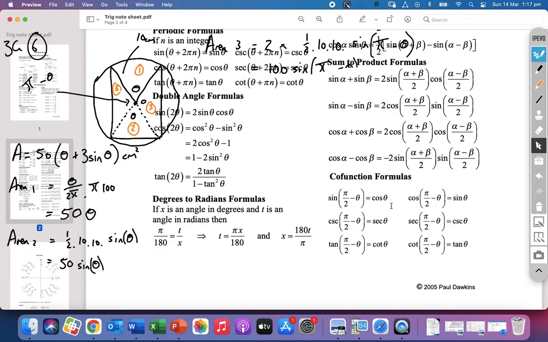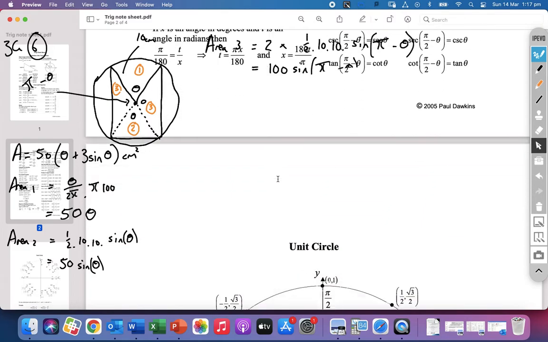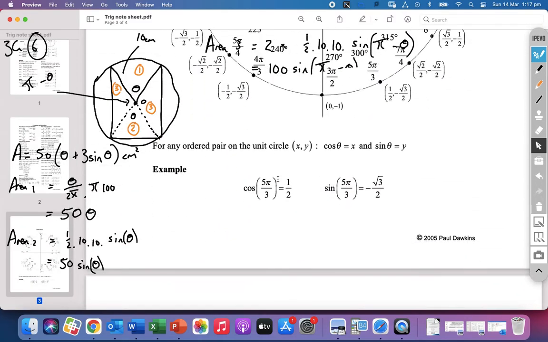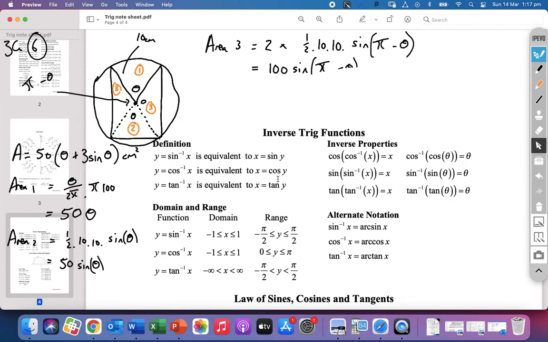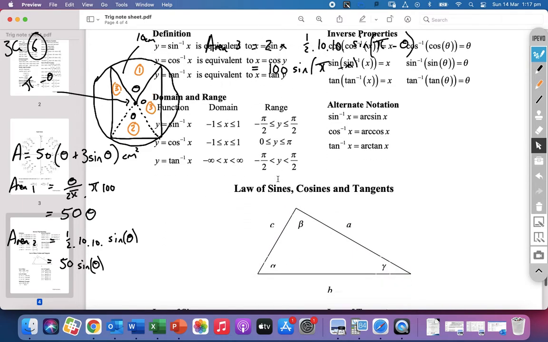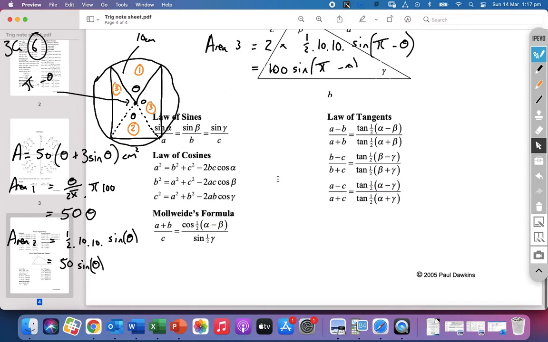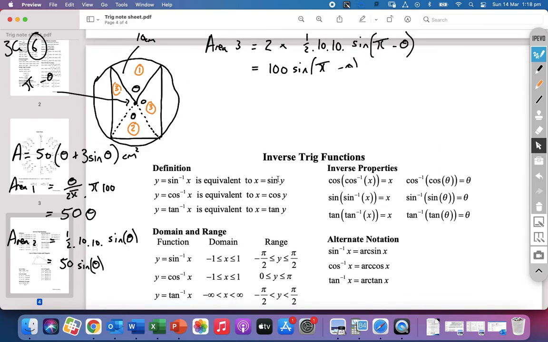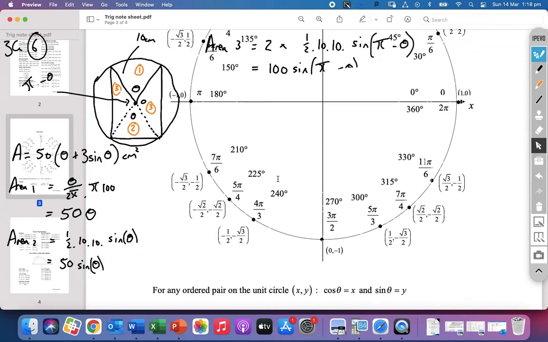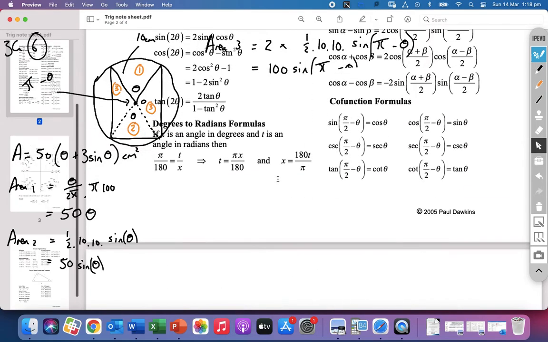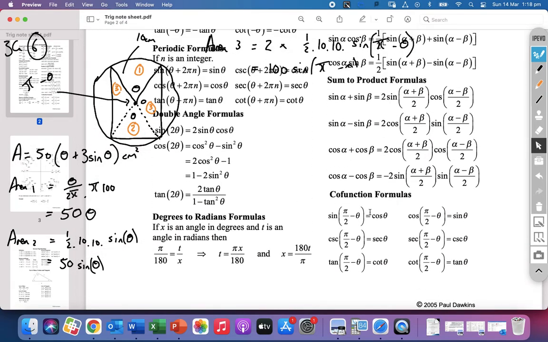Co-function formulas. That's changing functions. There's your unit circle. Inverse. Huh? Laws of cosines. No, I'm not seeing it written directly. It's a bit annoying. So for that question, there was a big clue.